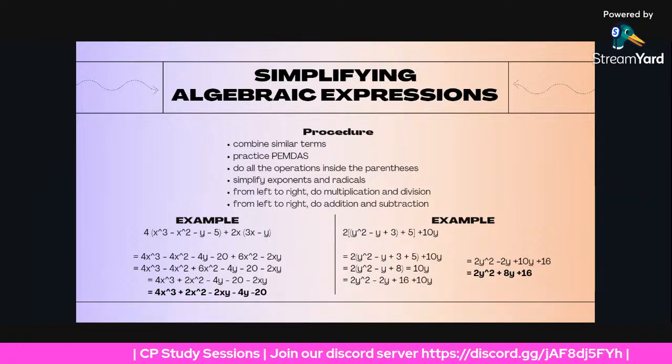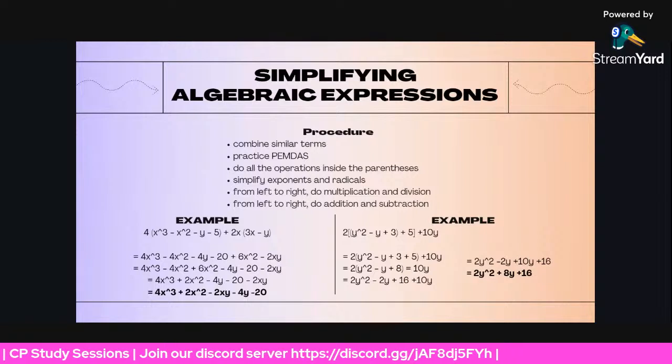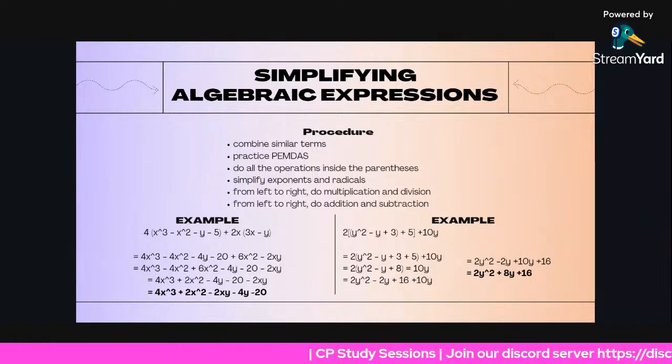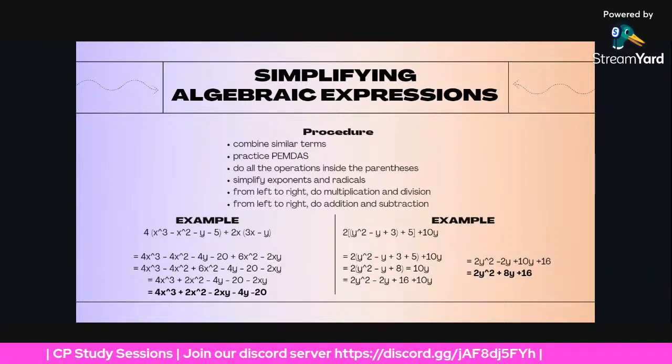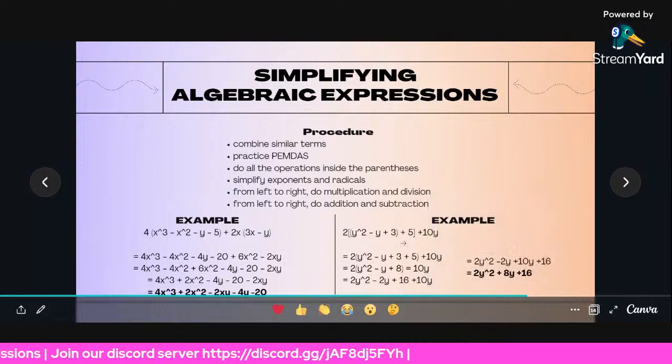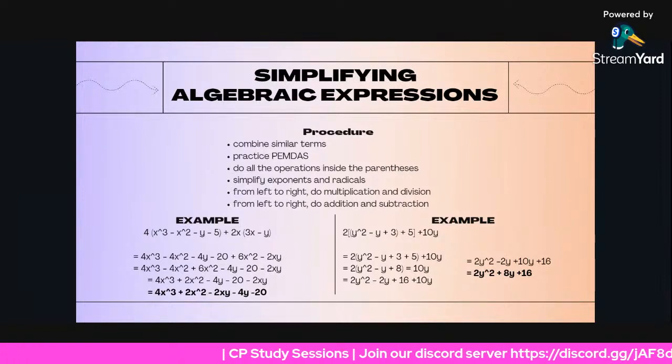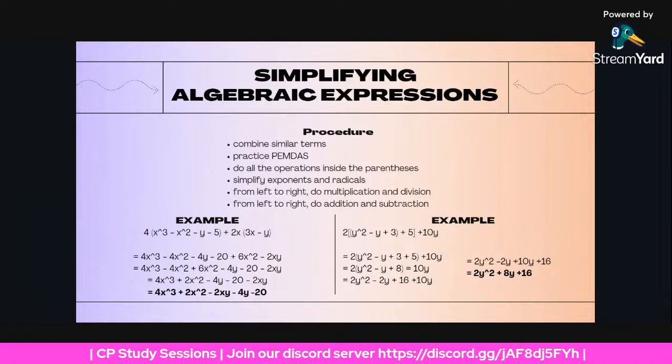Then, sa case nito, meron tayong pwedeng i-combine, which is yung negative 2y and yung positive 10y. So, negative 2y plus 10y is equal to 8y. So, bakit siya naging 8y? Balik tayo sa subtraction since unlike signs, yung symbols ng terms.